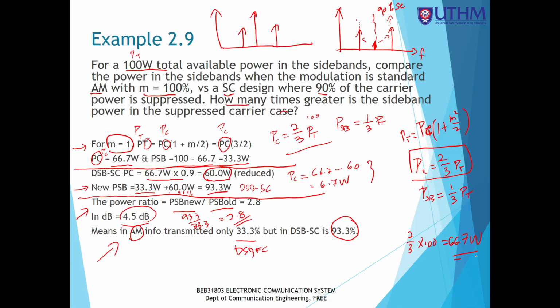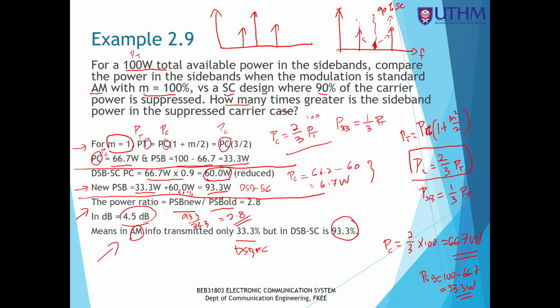This is for the full carrier. And the sideband power becomes 100 minus 66.7, which is 33.3 watt for the full carrier.